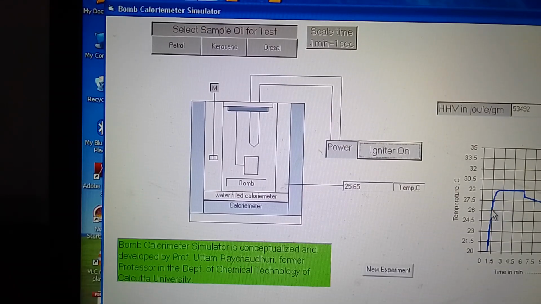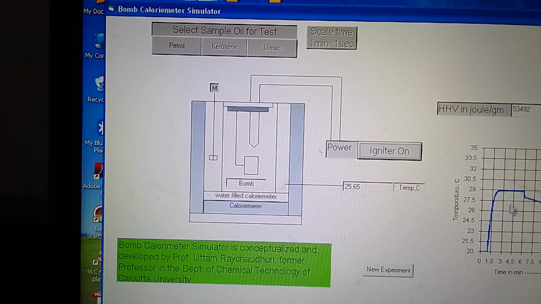That is, it started at the beginning from 20 degrees centigrade, the room temperature, and goes to a maximum of 29, and then it starts cooling and falls gradually, and it will take time. We take this time difference, and within this the area is calculated and the average temperature is measured.